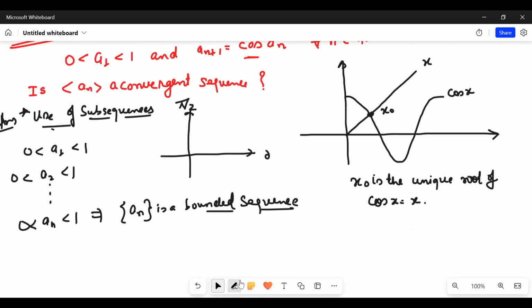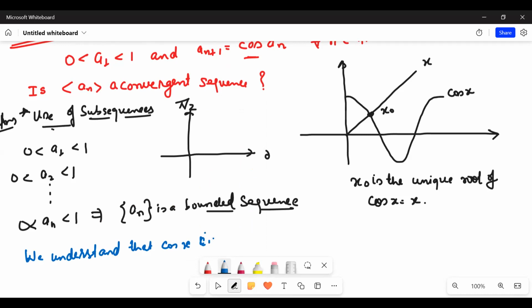Now we understand that cos x is an oscillatory function, or you can say it is a periodic function. So a(n+1) equal to cos of an will not be monotone.